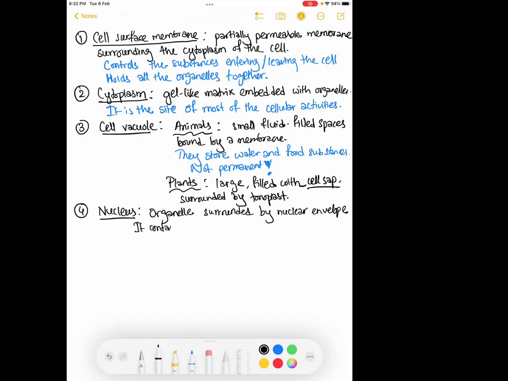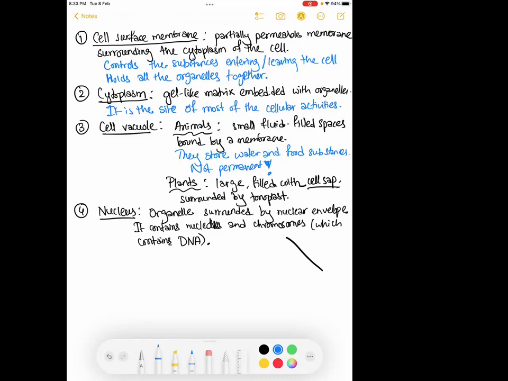It contains the nucleolus and chromosomes, which contain DNA.